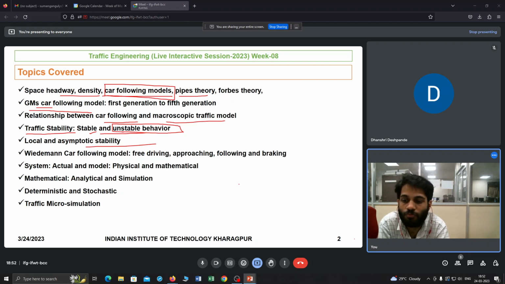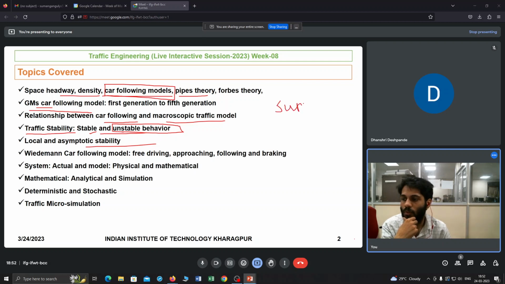Now, there are some steps before you use a traffic micro simulation model. As a part of input, in any transportation related project there are two types of inputs. One is supply, another is demand. What is supply?